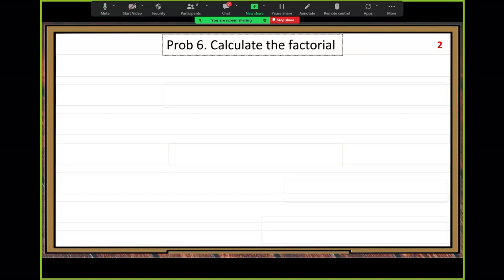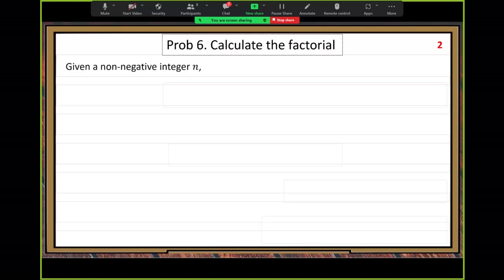Typically, we just use the iterative way. We write a for loop, and we can calculate factorial. But here, I want to talk about the basic structure, or the basic understanding, of recursive thinking using this simple example.